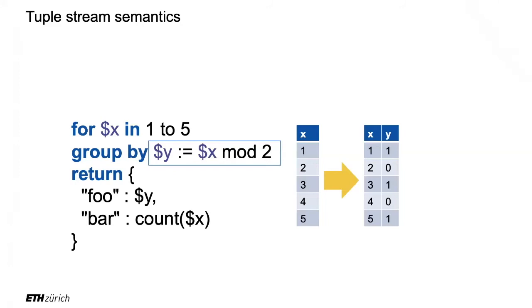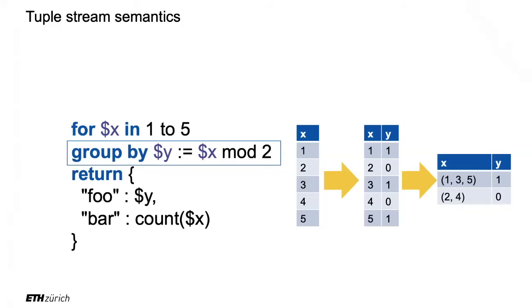So we are creating that column with the grouping key, which is here the modulo 2. So we put the even numbers in a group and the odd numbers in another group. So 1, 3, and 5 will go to the bucket 1, and 2 and 4 will go to the bucket 0. But I haven't created my buckets just yet. For the moment, I just generated my grouping key, right? So 1 is odd, 2 is even, 3 is odd, 4 is even, and 5 is odd.